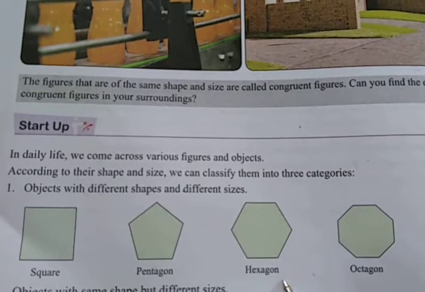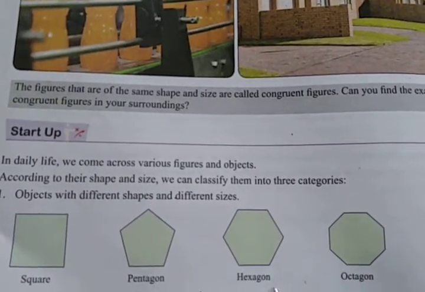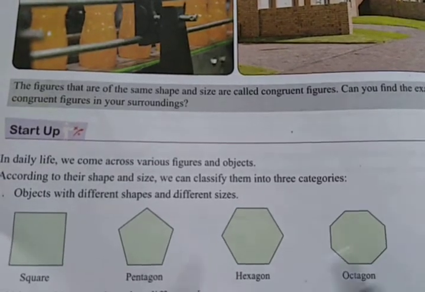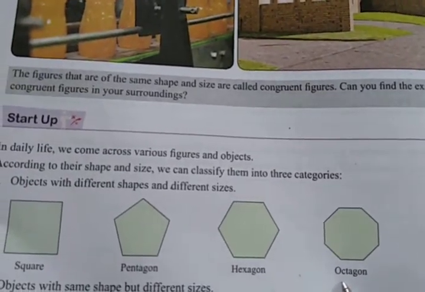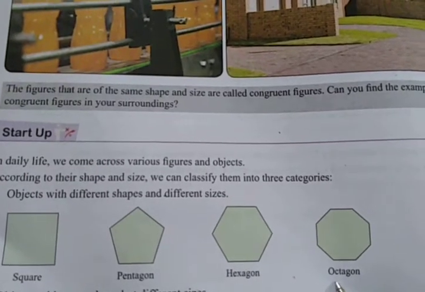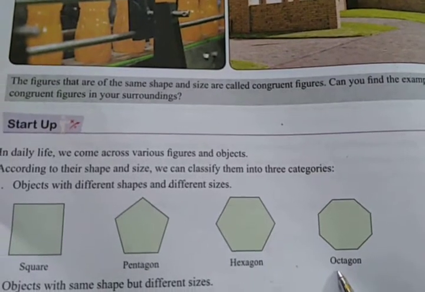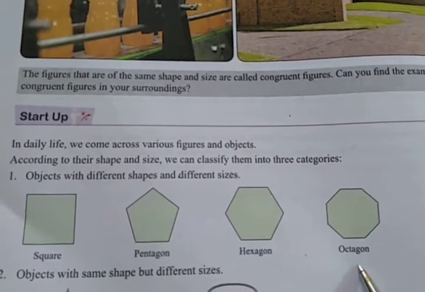This is a regular hexagon, a closed polygon with 6 equal sides. Then this is an octagon, a closed figure made up of 8 equal line segments.